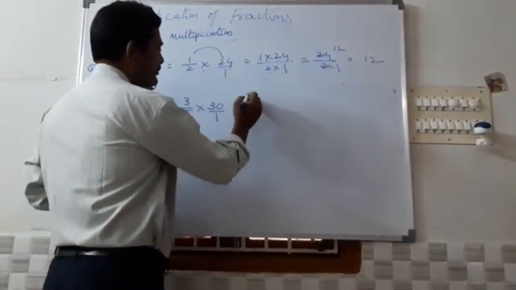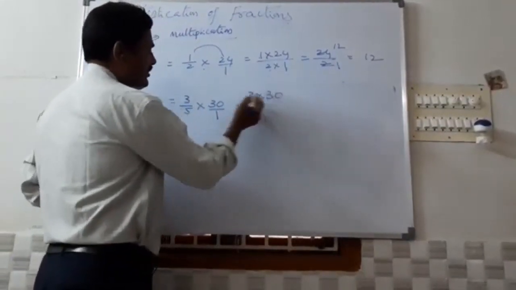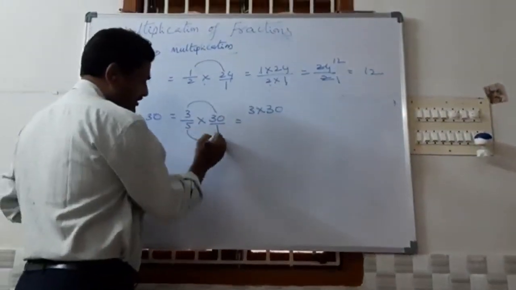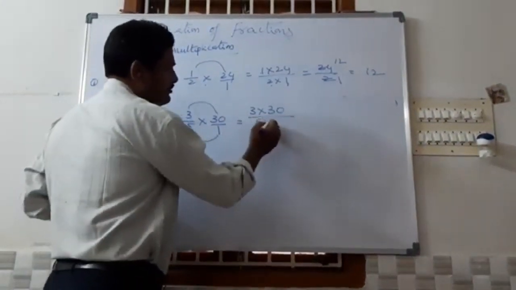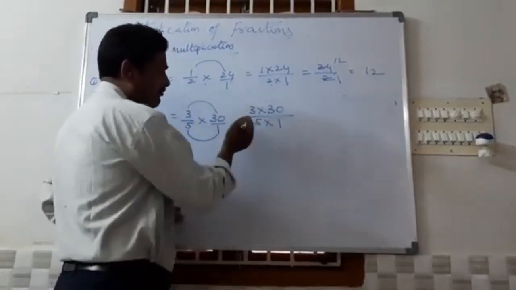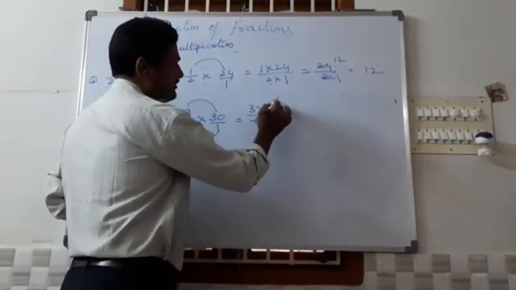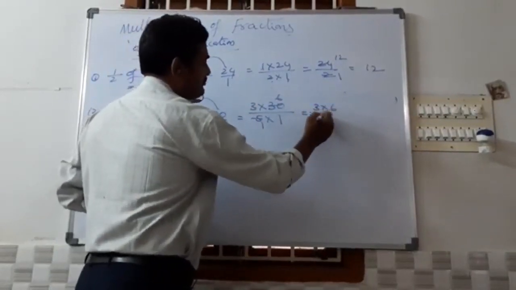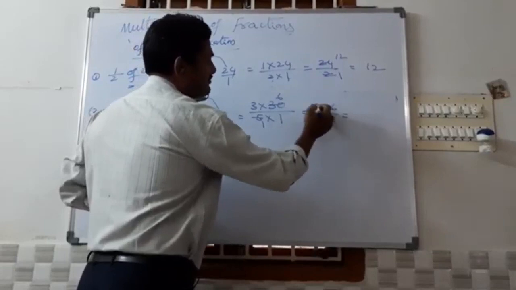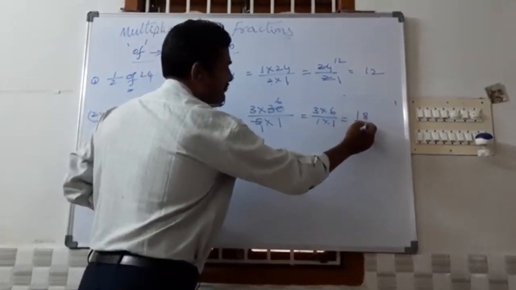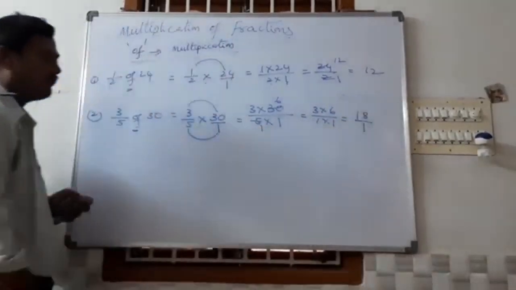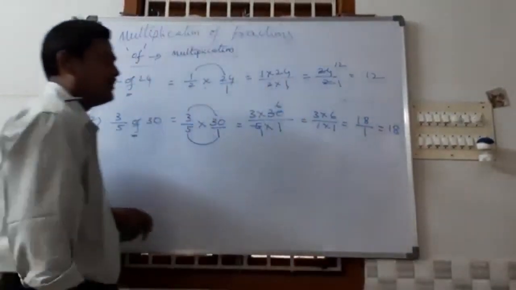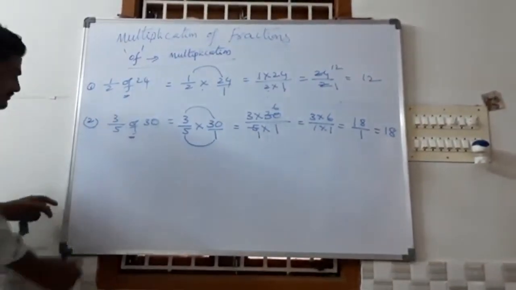Now the numerators are 3 into 30 and the denominators are 5 into 1. 5 ones are 5, 5 sixes are 30. Now the remaining numbers are 3 into 6 by 1 into 1. That means 3 sixes are 18 by 1, and 18 by 1 is nothing but 18.